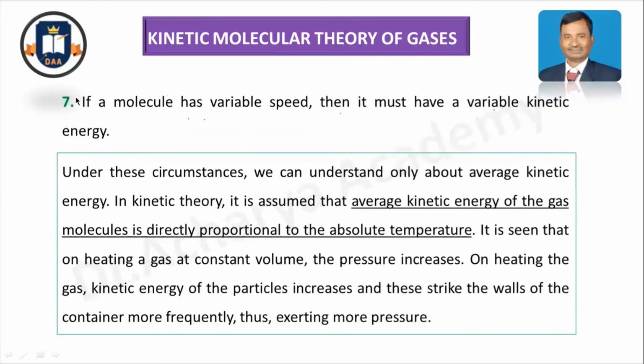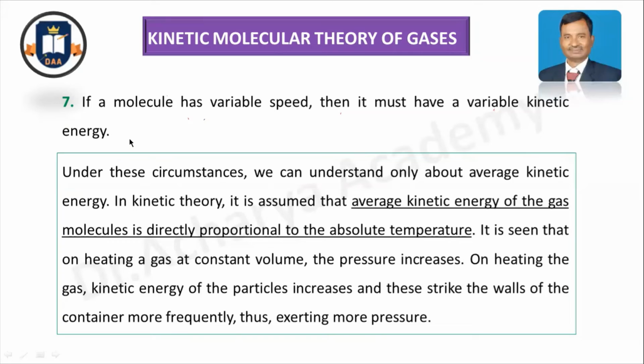Now assumption number 7. If a molecule has variable speed, from point number 6 we understand this, then it must have a variable kinetic energy, because the kinetic energy has a relation with the speed. Speed will increase, kinetic energy also will increase. Speed will decrease, and the kinetic energy also will decrease.